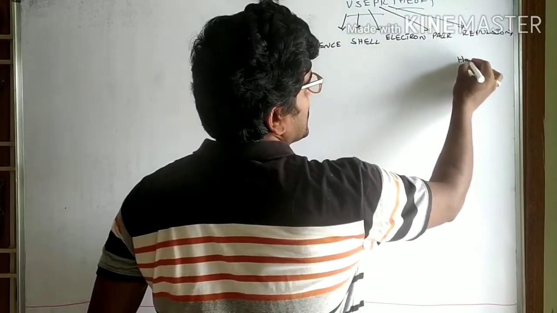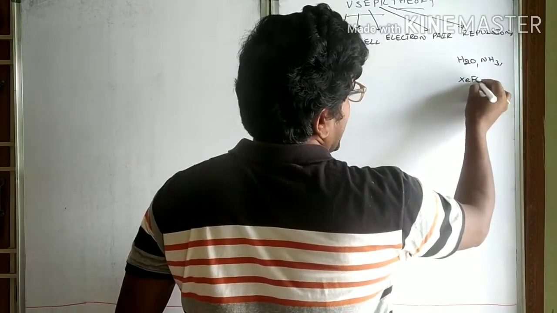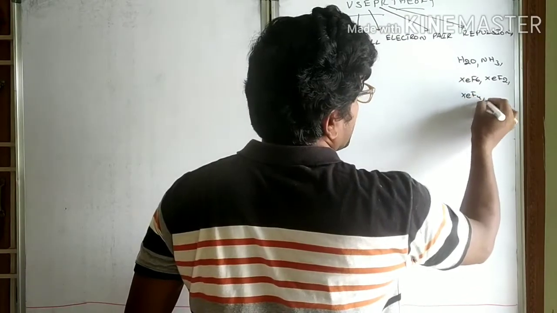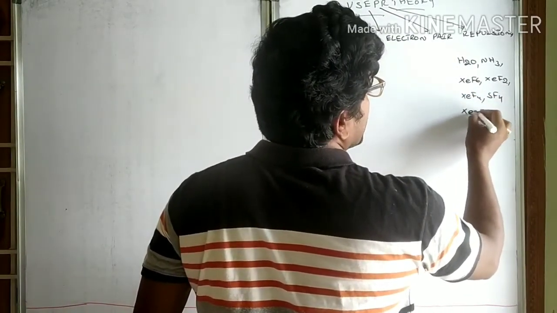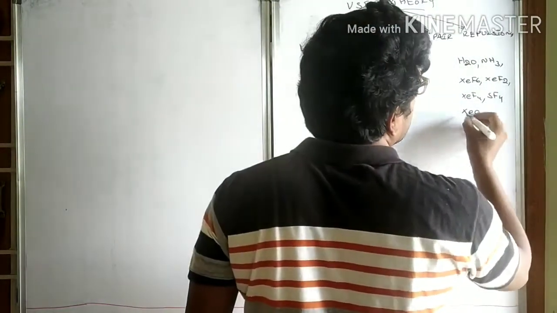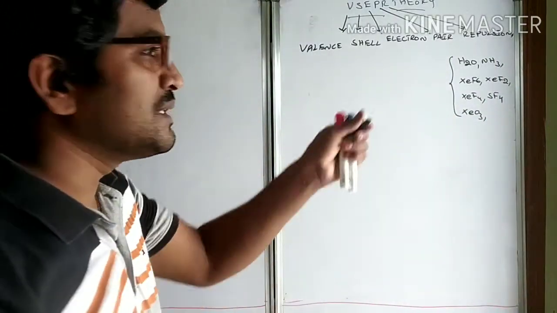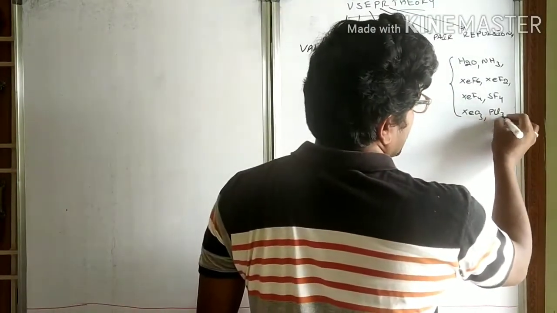What are those molecules? H2O, NH3, XeF6, XeF2, XeF4, SF4 and XeO3, and like this we have a number of compounds. When the examples come, I will give you clear data about these, PCl3 and all.